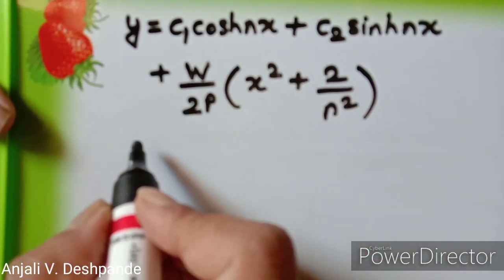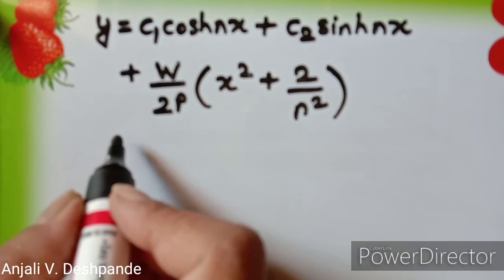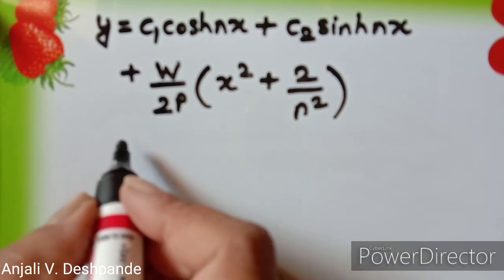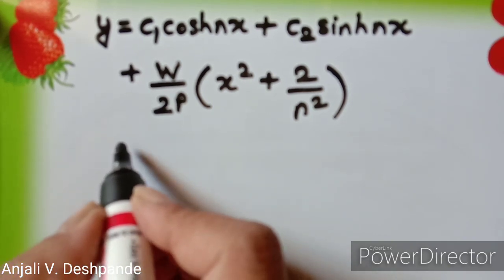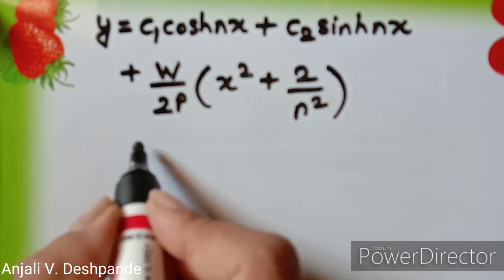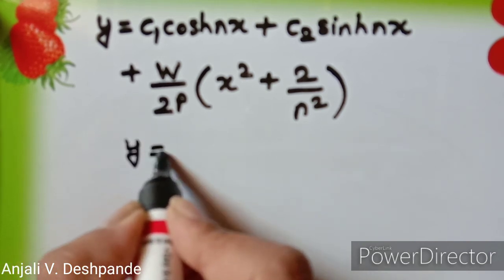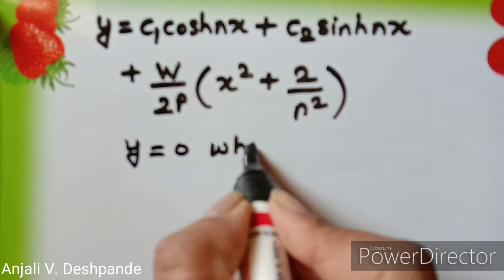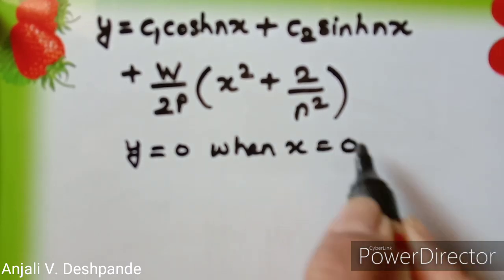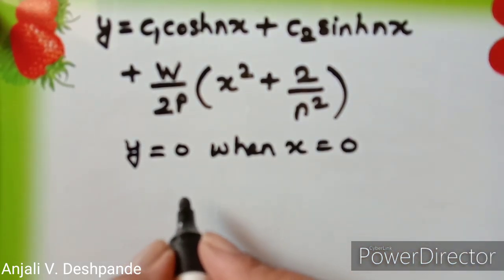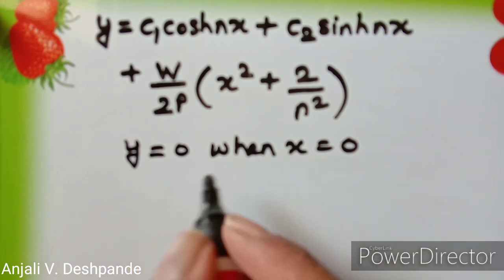Now remember that some conditions were given to us under which we have to find the solution. Y is equal to 0 when x is equal to 0. That is the first condition which was given. So we are going to substitute all this.